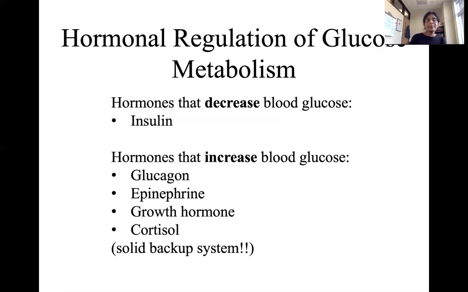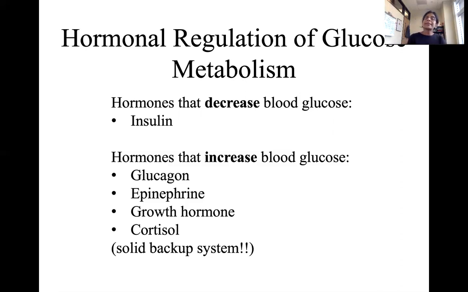Okay, now what we are summarizing here is which hormones are involved in the decrease of blood glucose levels versus the hormones that are involved in the increase of blood glucose levels. We just went over it in the previous slide. Insulin is always going to be an anabolic hormone. It moves glucose from the blood into the cells to allow the synthesis of glycogen.